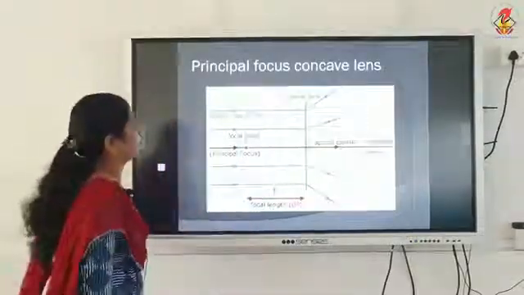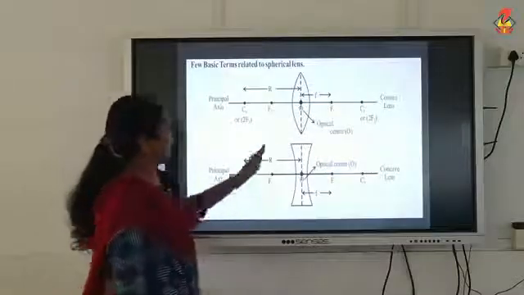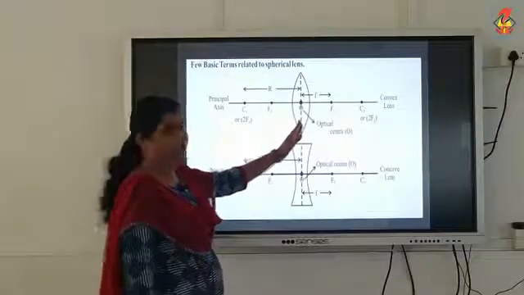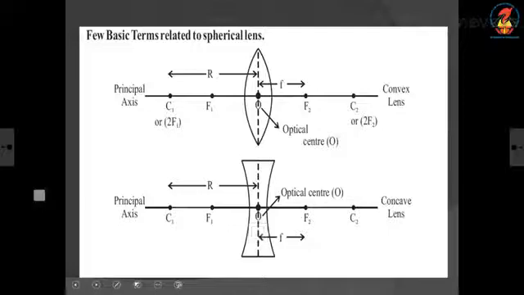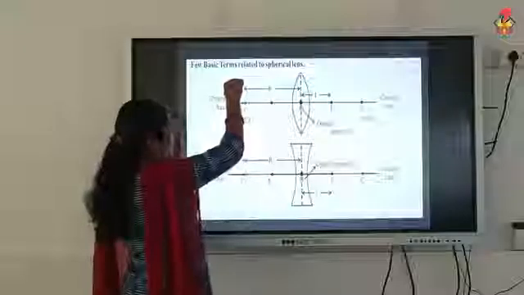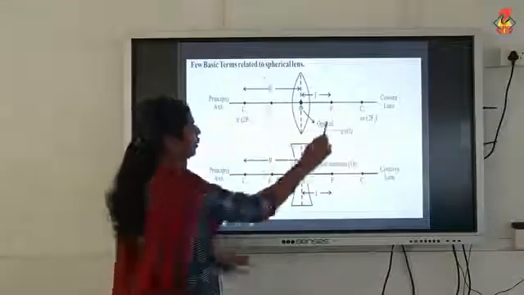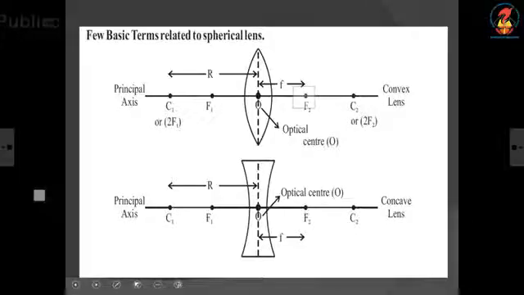So, here it's a convex lens and this one is a concave lens. First we will discuss this case. Suppose light is coming from this side, you will get a focus at this point.